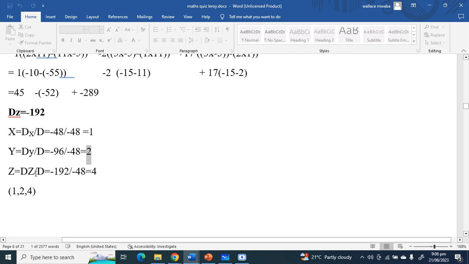Then for z, dz divided by d, negative 192 divided by negative 48, that gives you 4. So your answers are x equals 1, y equals 2, and z equals 4.